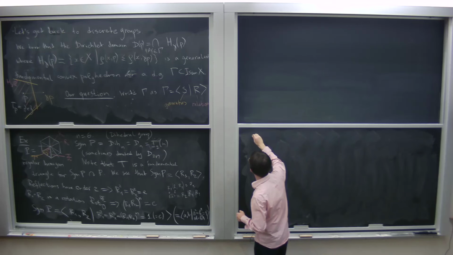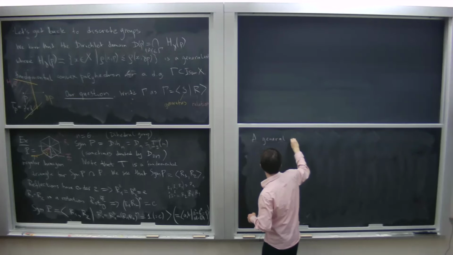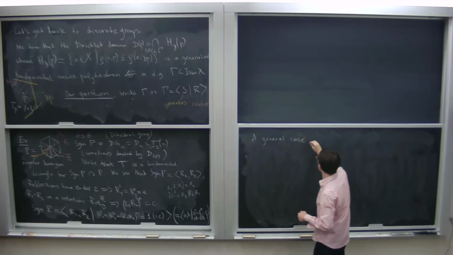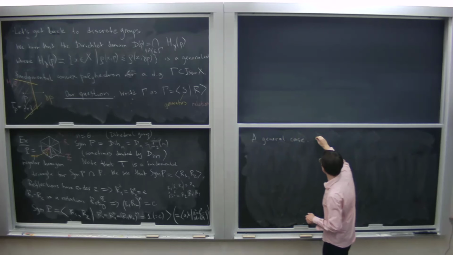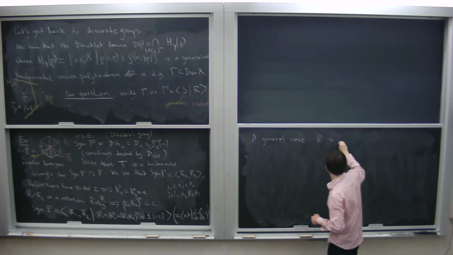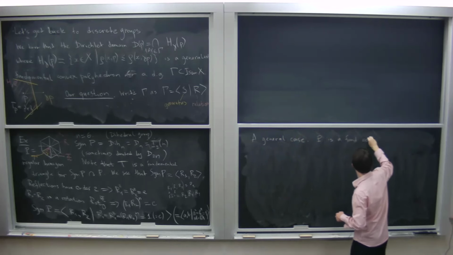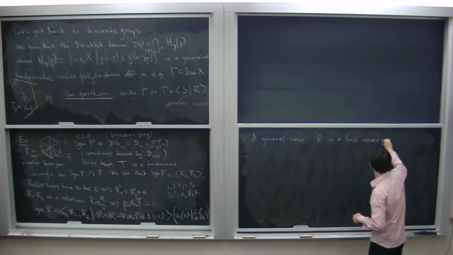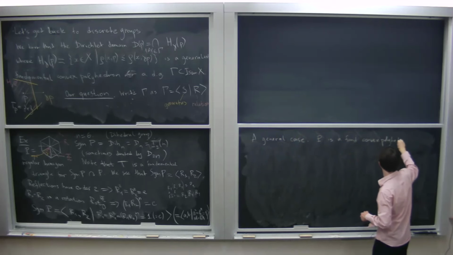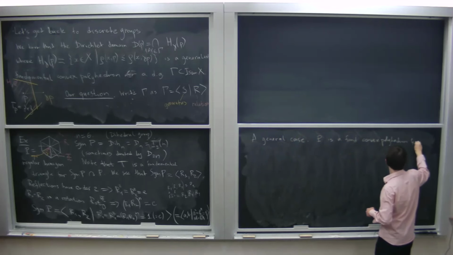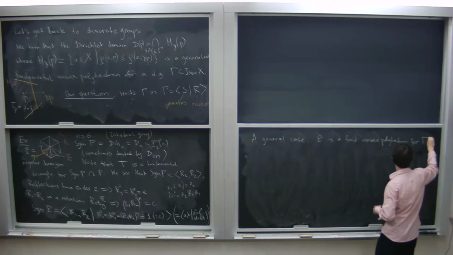So a general case. P is a fundamental convex polyhedron for gamma.